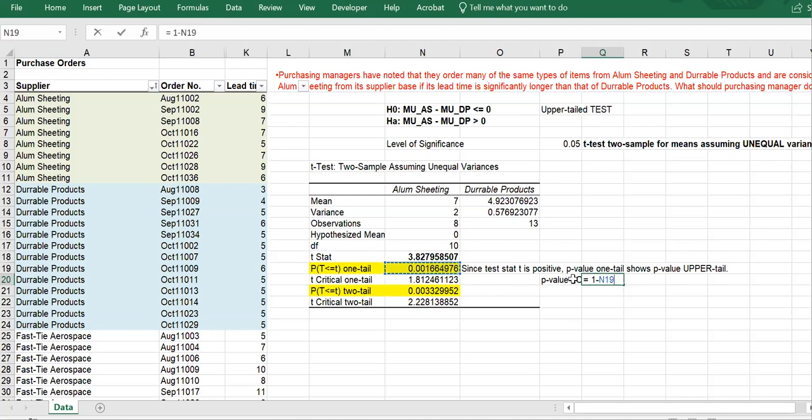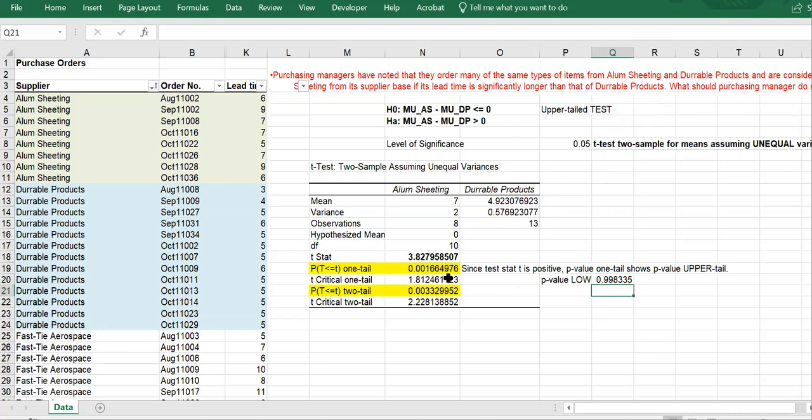So for finding the p-value lower, we don't need it. Our test is upper tail, so we just need to look at this number. But if we want it, this is how we find it: 1 minus the p-value upper tail gives us the p-value lower tail. But this is an upper tail type of test, so we just need to look at the p-value upper tail.